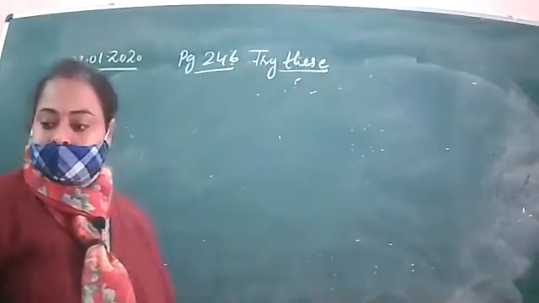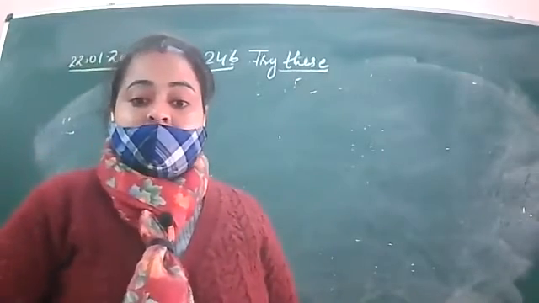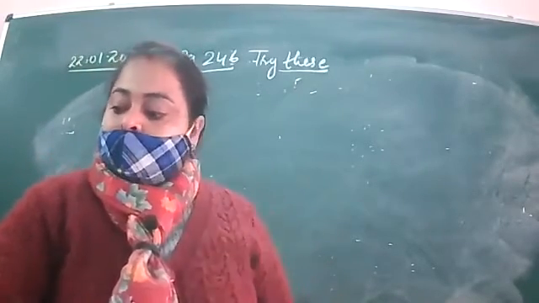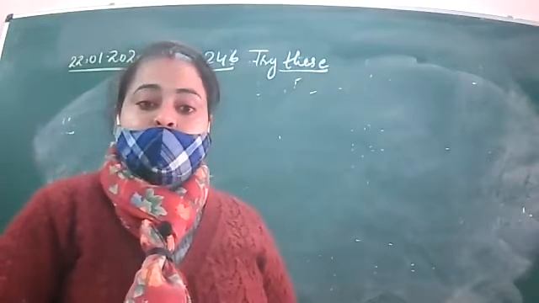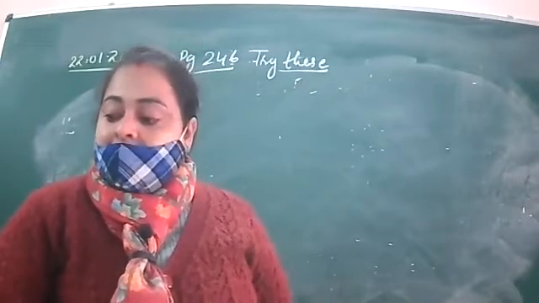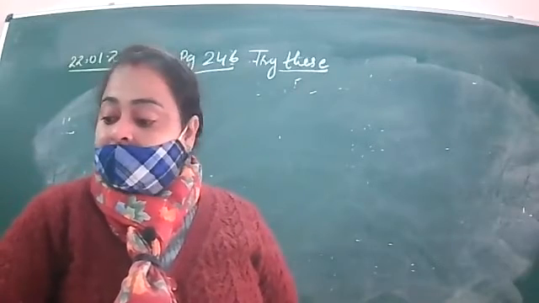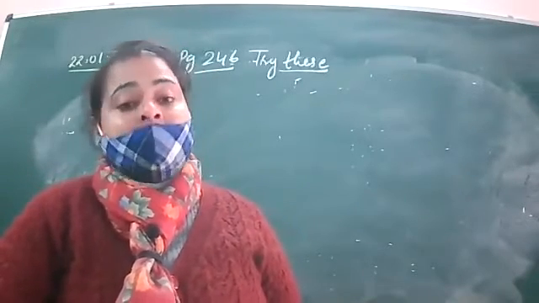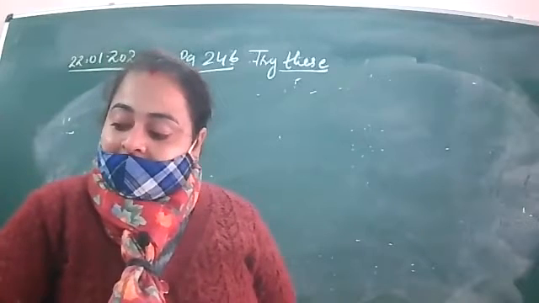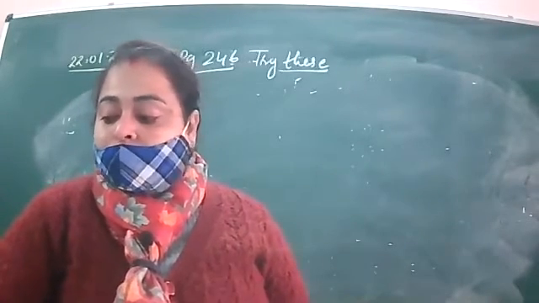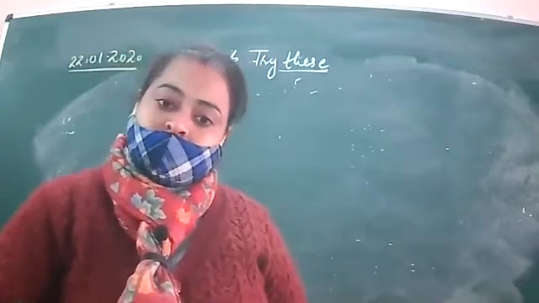Try these. Question is, Saurabh takes 15 minutes to reach school from his house and Sachin takes 1 hour to reach school from his house. Find the ratio of the time taken by Saurabh to the time taken by Sachin.